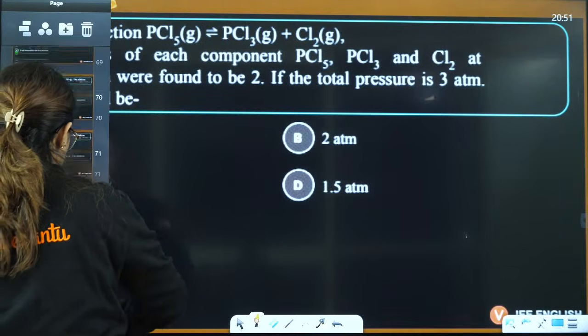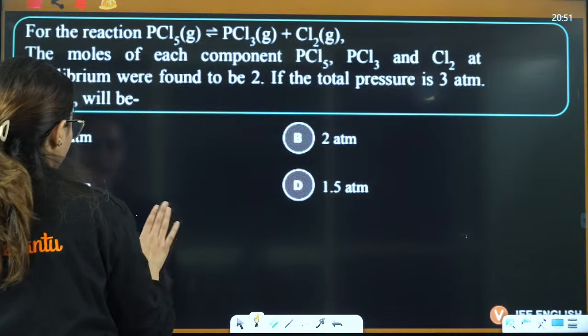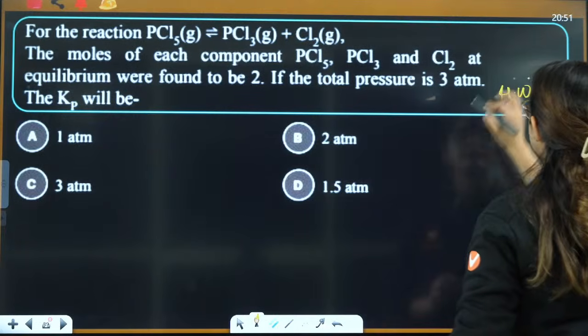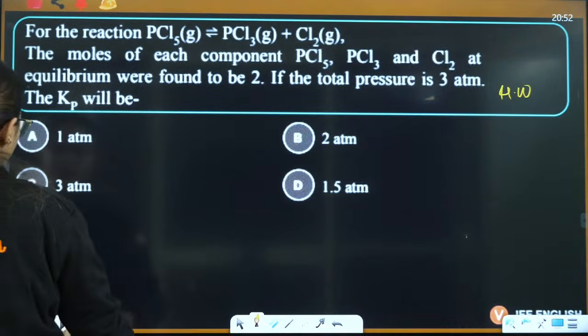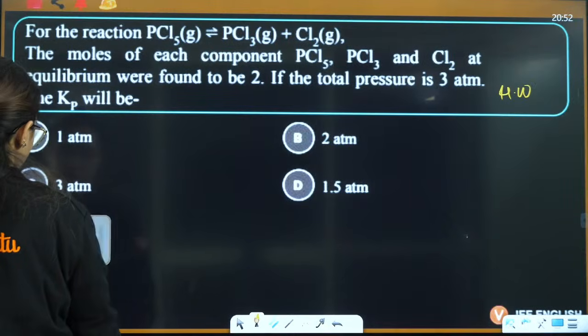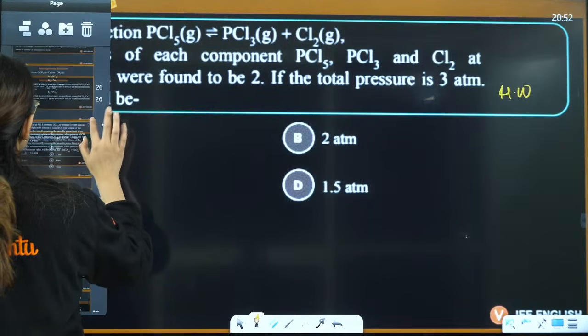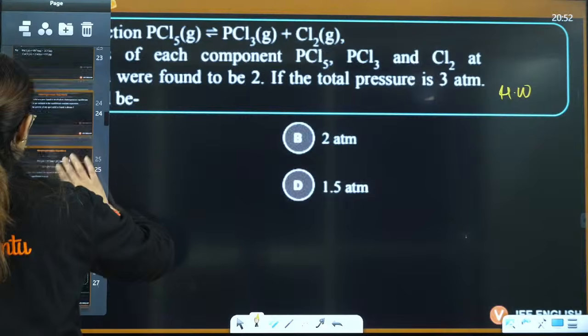Wait a minute. So I'm giving you 2 questions for your homework, right? I'm writing it over here that this is your homework question, that you must do. It is the same as I have done before. All the questions that we have done before, it is the same like that. Okay?